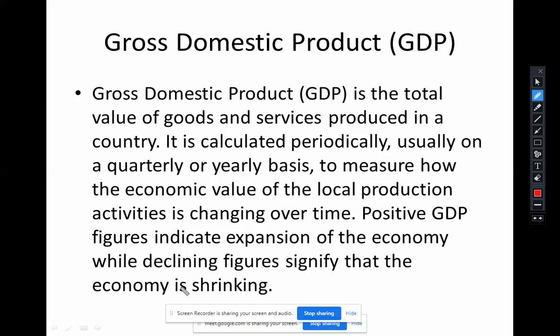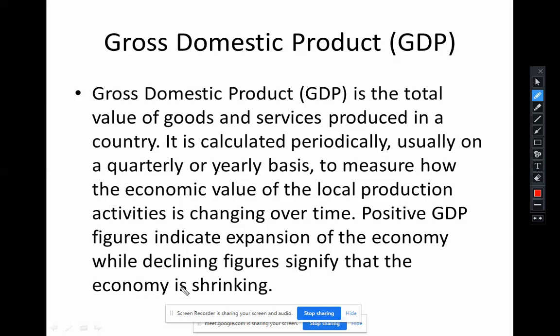It indicates expansion of the economy. That means they are producing, let's say, a product, and at the end of the month, quarter or year, they calculate and sum up everything, and they show the result. The result came out to be that, okay, this is what happened.